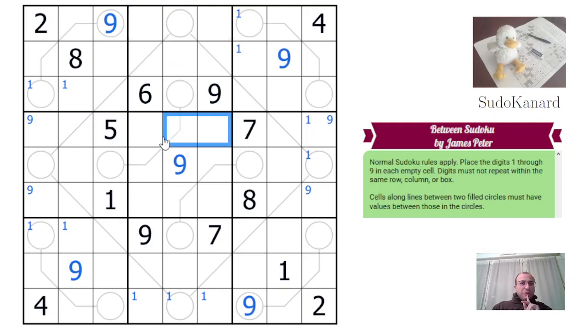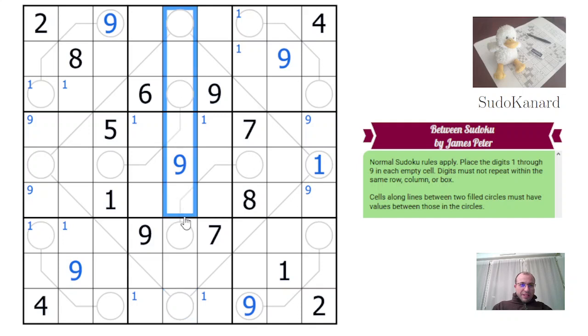Or perhaps I should focus on the middle region, because 1 can't be in any of those, and because of this it can't be here. So 1 must be in one of those 2 cells, so we can eliminate this and put the 1 there. And then it eliminates this option because we can't have the same digits on both circles of the between line.